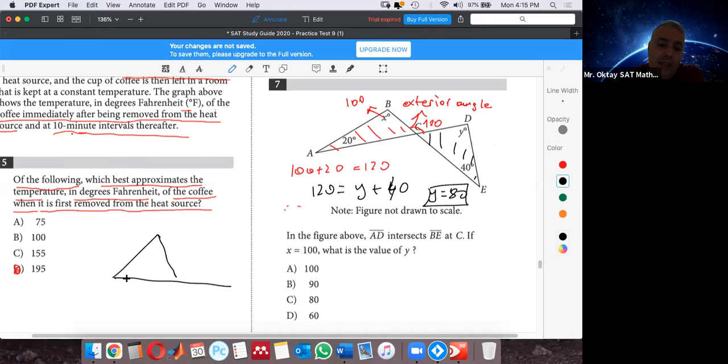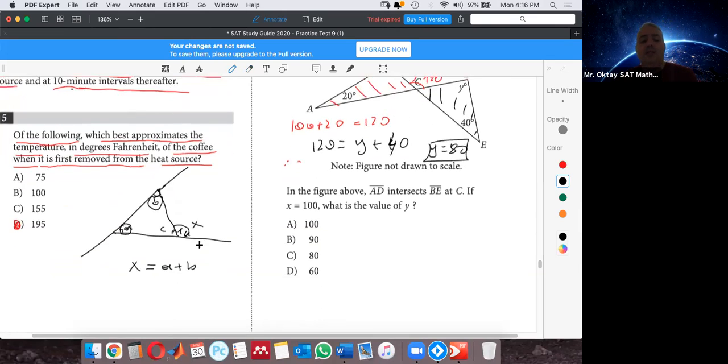Let me copy it down here, everybody. Probably you know this, but just to be sure, if I call this A, this B, and this C, then the exterior angle X is equal to A plus B. One exterior angle equals the sum of the non-adjacent interior angles of the triangle.